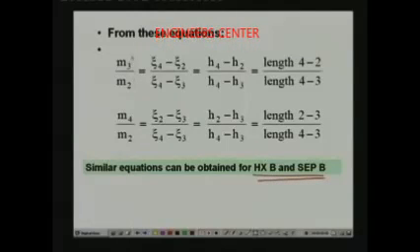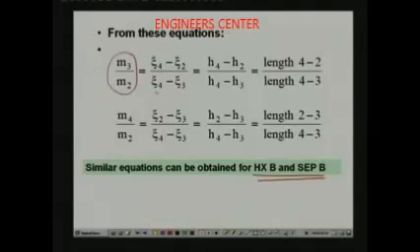From these equations you can show that M3 by M2 is nothing but zeta 4 minus zeta 2 divided by zeta 4 minus zeta 3. This is nothing but your liquid phase mass fraction.